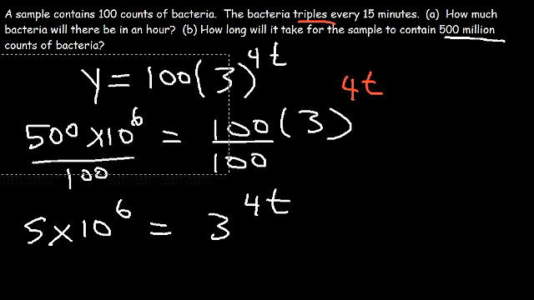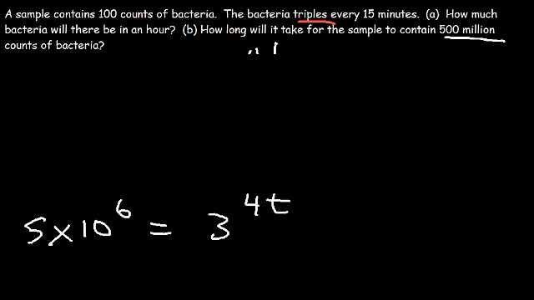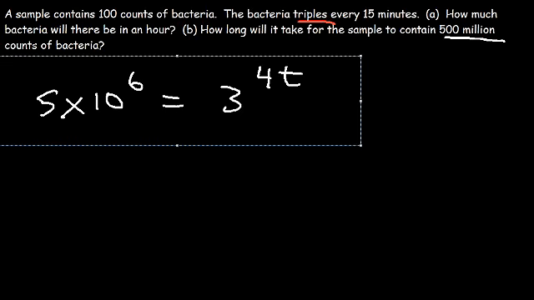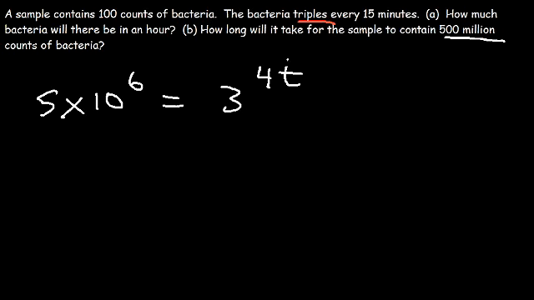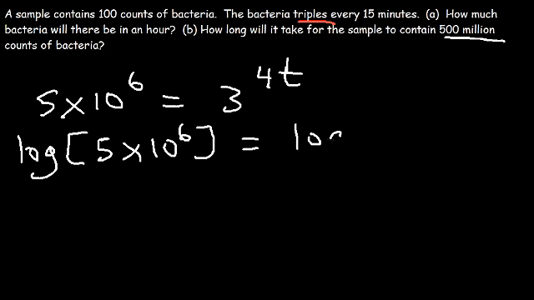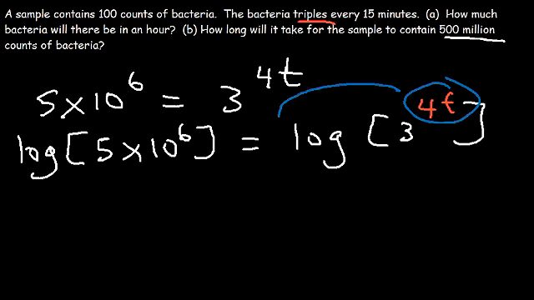Now what's our next step? In order to solve for t, we need to use logarithms. Let's take the log of both sides. Now, a property of logs allows us to take the exponent and move it to the front.